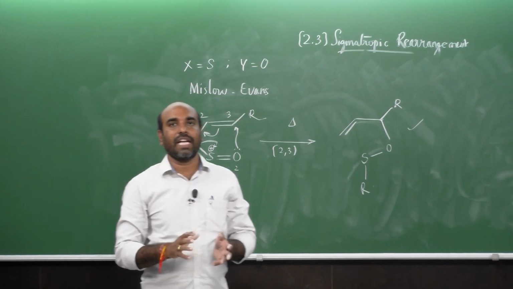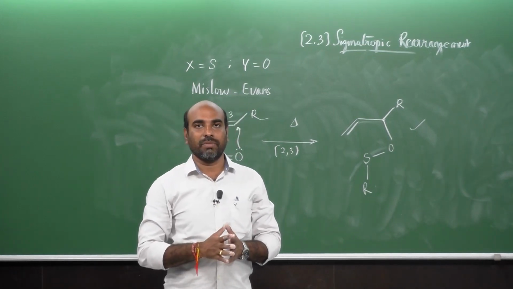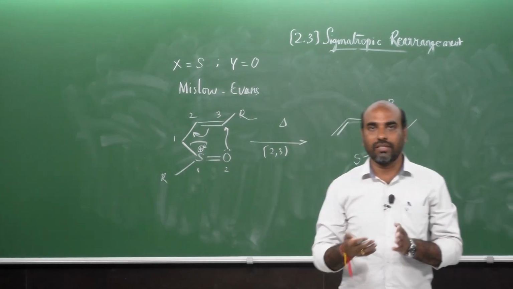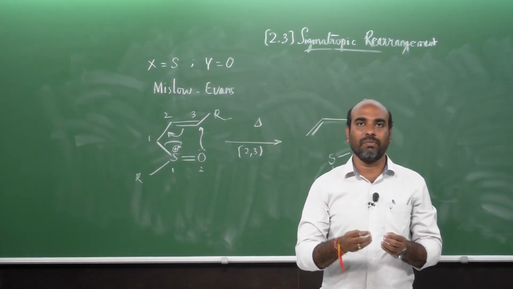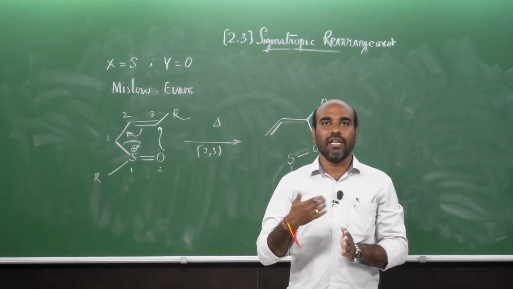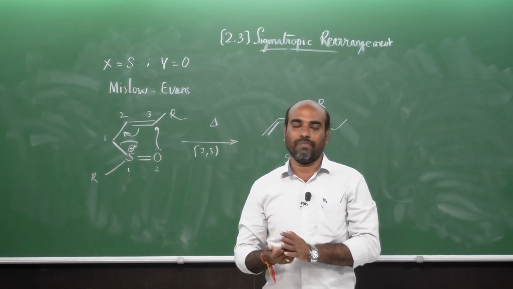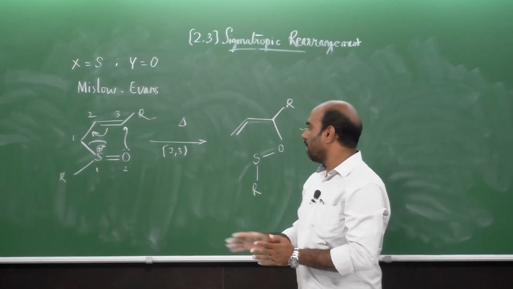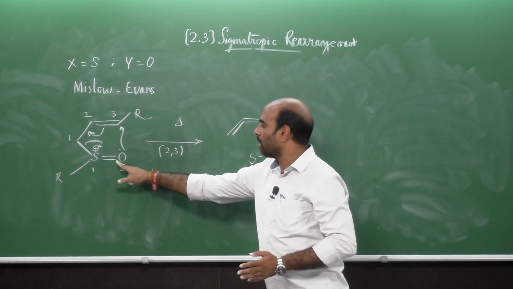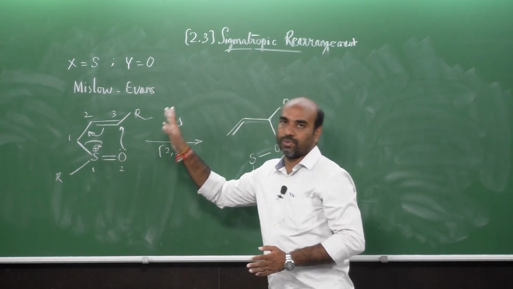So these are the different types of 2,3 sigmatropic rearrangements that can be seen, where in the generalized equation X may be any heteroatom like oxygen, sulfur or nitrogen, and Y may be either oxygen or a carbon atom. If it is oxygen, fine. In the case of Mislow-Evans, you can see Y being oxygen, and therefore there is a double bond between these two.